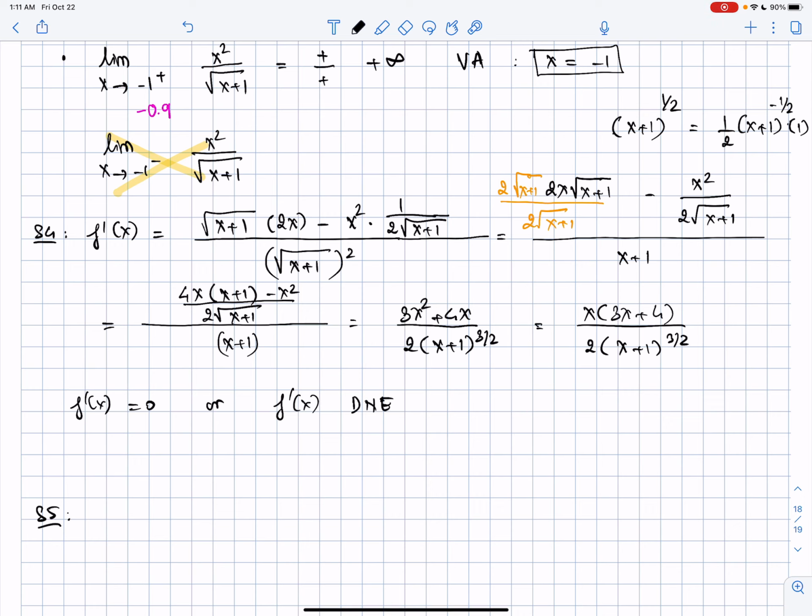It equals 0 when x equals 0 and x equals negative 4 over 3, from the numerator, right? And for the denominator, x has to be negative 1, and it will give us does not exist.